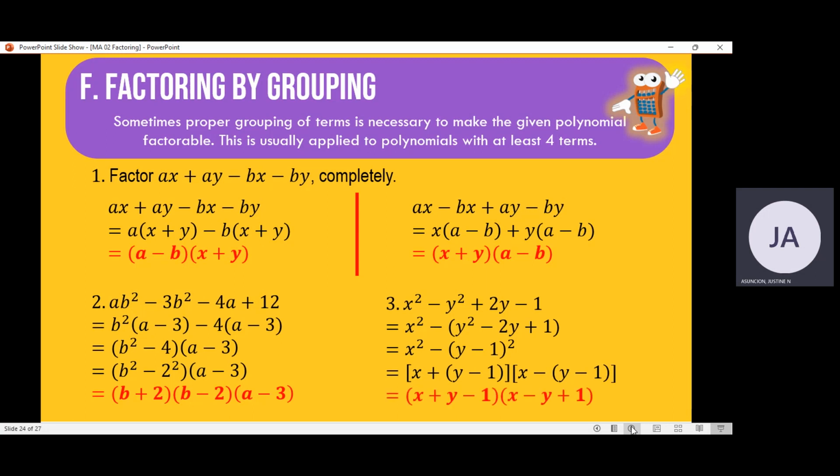We have x plus y minus 1 times the quantity x minus y plus 1. Again, it's advisable to be familiar with different forms of factoring, to have the simplest form and the factors of the given polynomial.